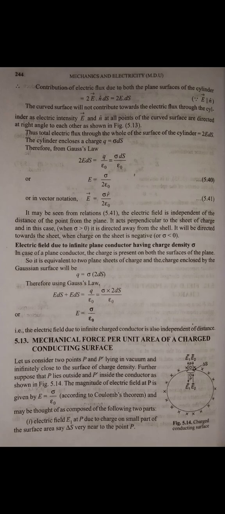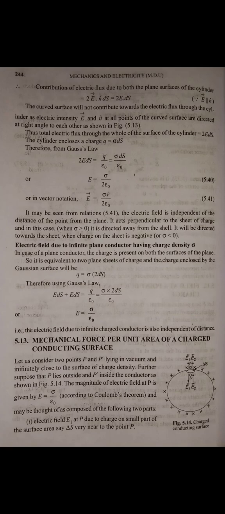The curved surface will not contribute towards the electric flux through the cylinder, as electric intensity E vector and n cap at all points of the curved surface are directed at right angles to each other. Thus, total electric flux through the whole surface of the cylinder is 2E dot ds.